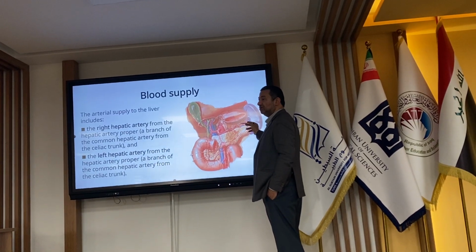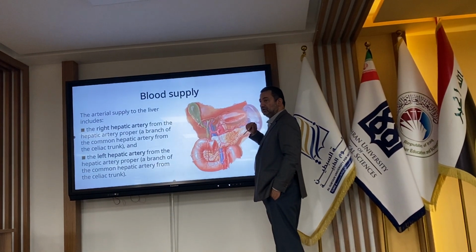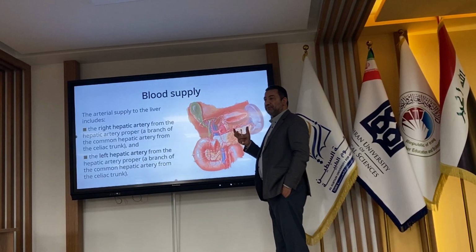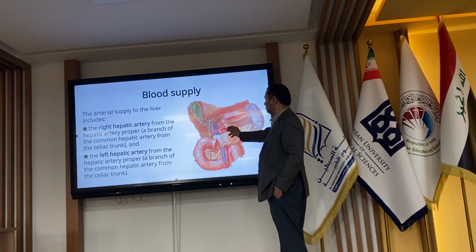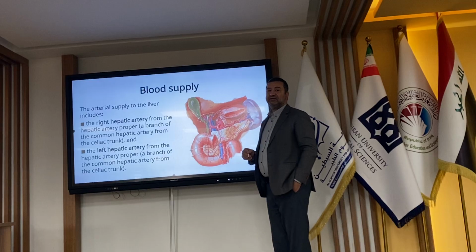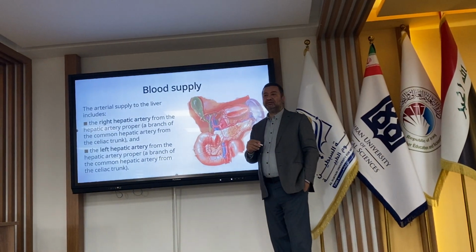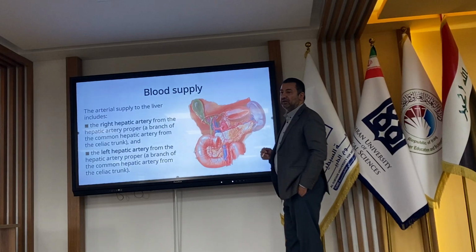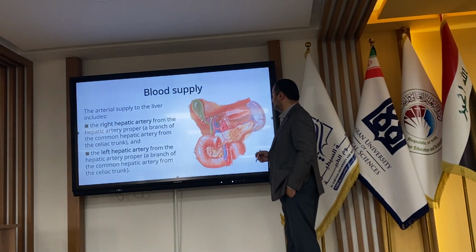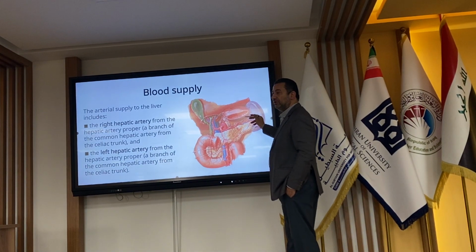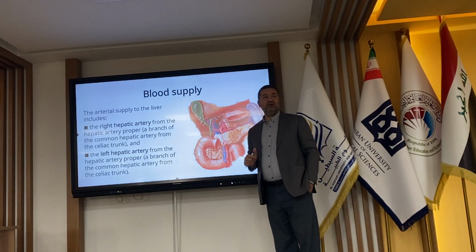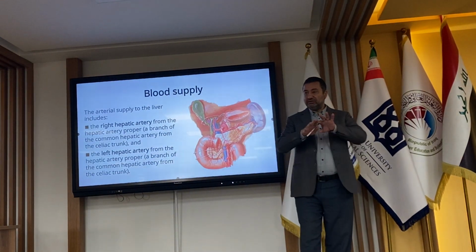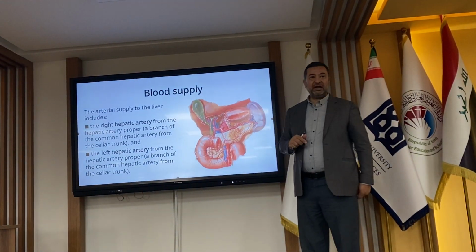This branch is called splenic artery. Splenic artery is the largest branch, and you see it has a spiral course on the superior border of the body of the pancreas, and then before entering into the hilum of the spleen, divides into many branches.